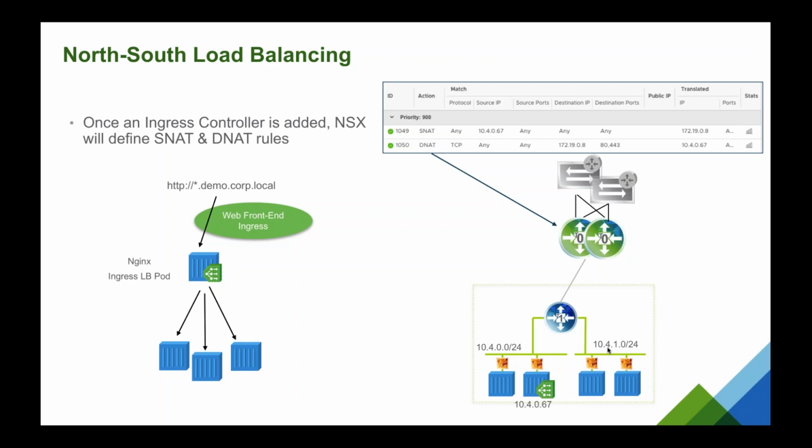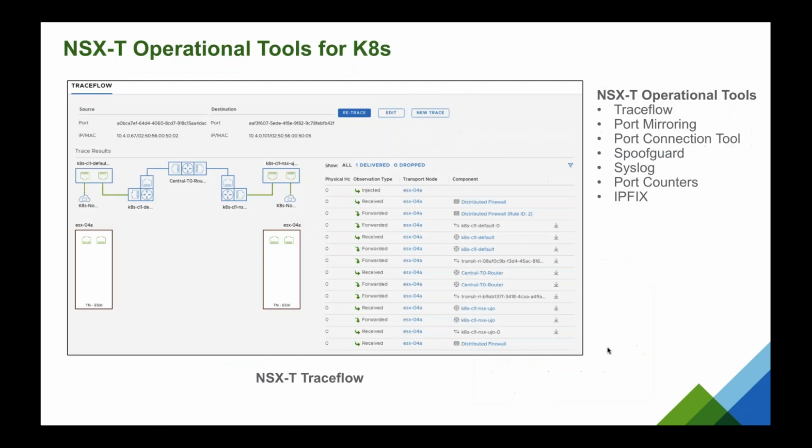But to make it reachable from the outside world, we assign a NATed IP address that is added to the tier 0 router so that you can reach your Ingress controller.